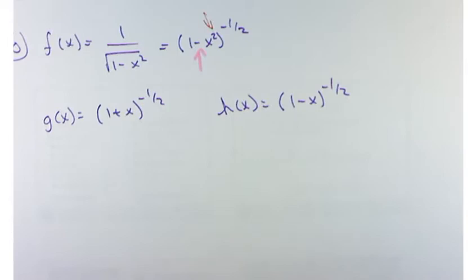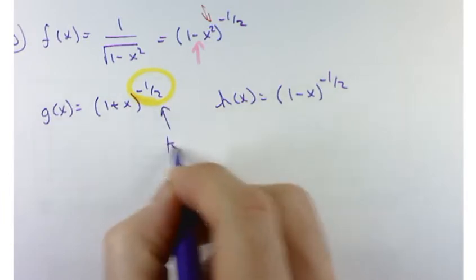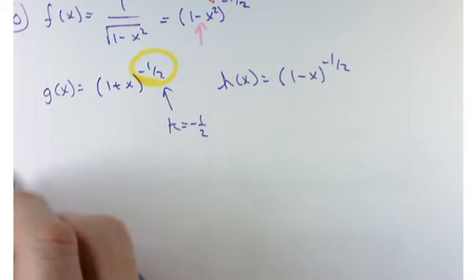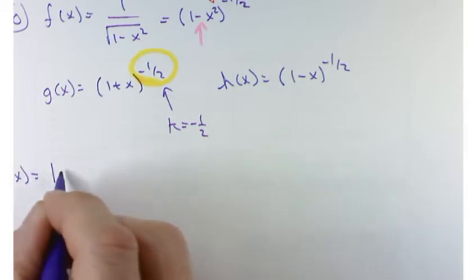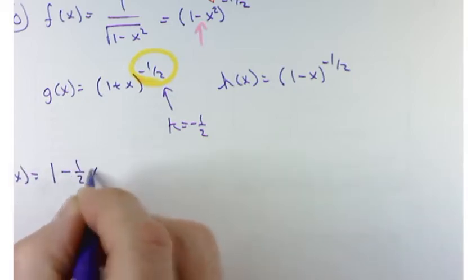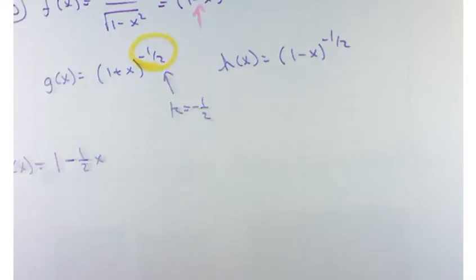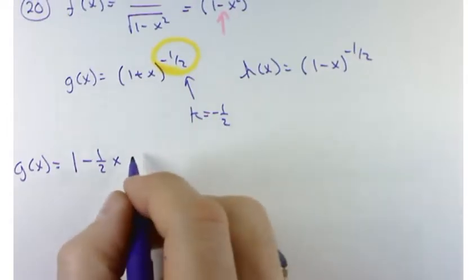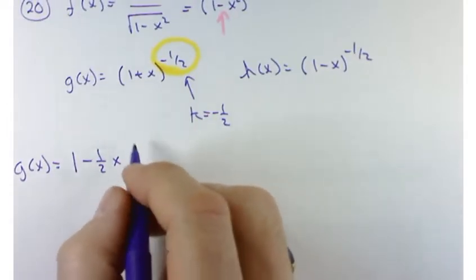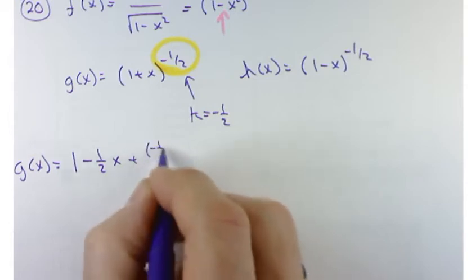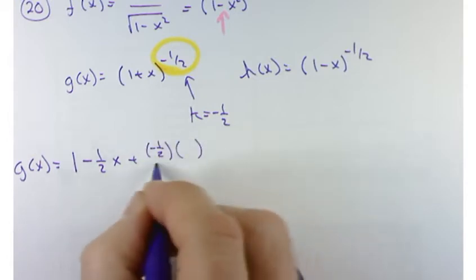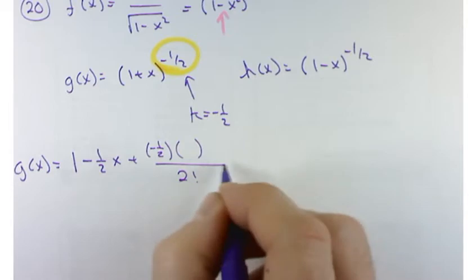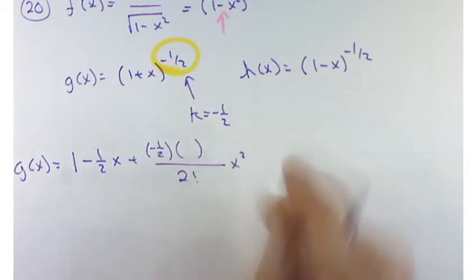So as before, we'll start out, that's k. So g of x is going to be 1, and then k times x plus negative 1/2 times something over 2 factorial times x squared.